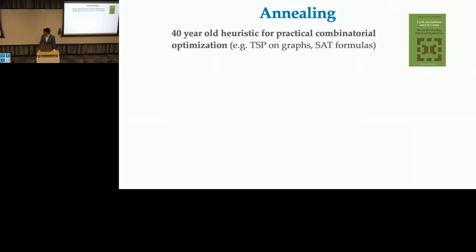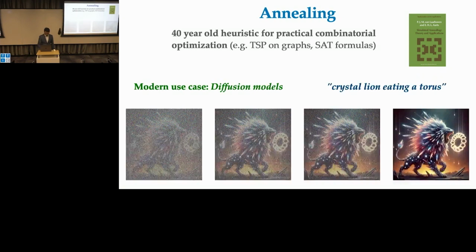So annealing is this 40-year-old heuristic. It was introduced for solving combinatorial optimization problems. And some of the early SAT solvers also use this algorithm. And some version of this algorithm is also adapted for some of these generative models that I'm sure a lot of you are familiar with.